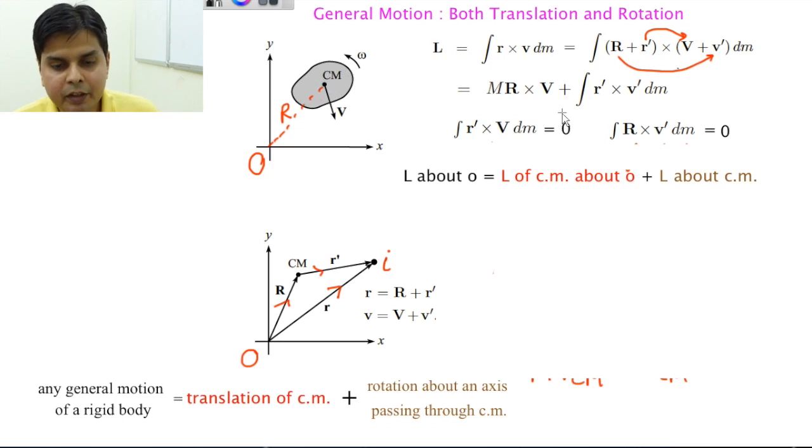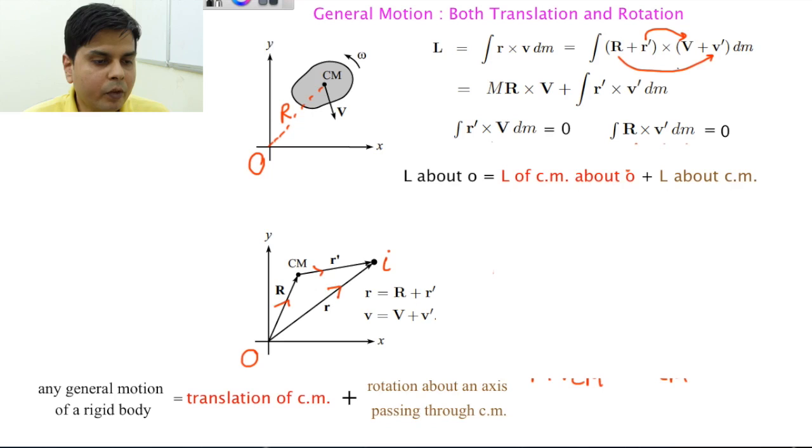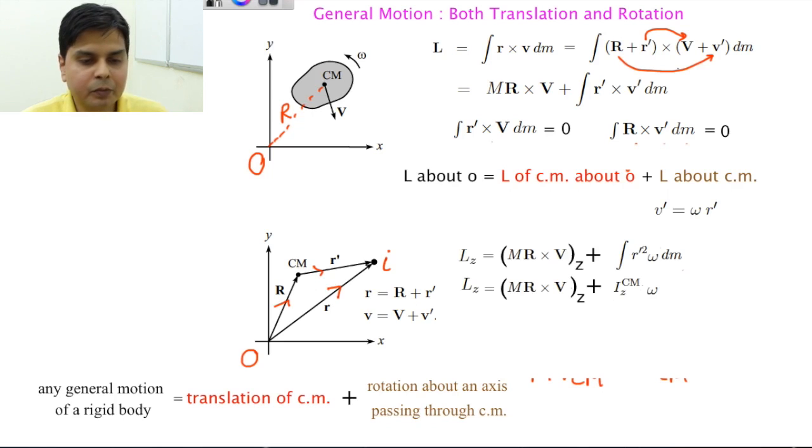But when I go to the next step, I will make use of the fact that this is a rigid body. In that case, this will come out to be a very nice thing which we have seen earlier. When this is a rigid body, then this V prime will be omega R prime. Why?